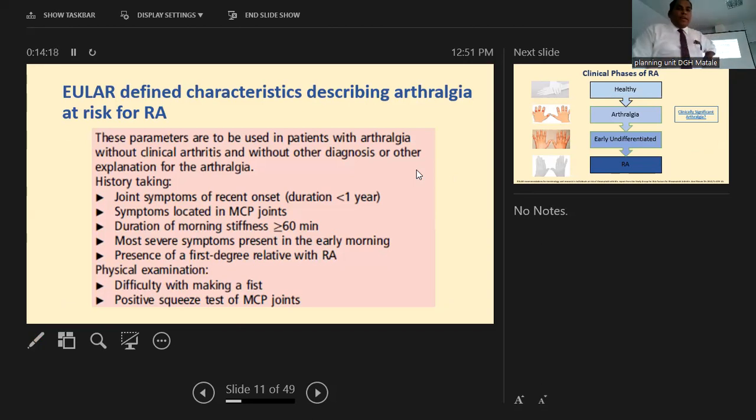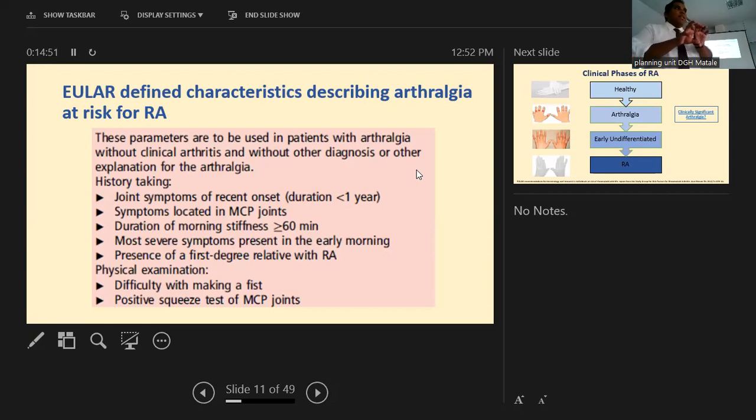So in the history, if a patient comes with arthralgia of a short duration, particularly affecting the MCP joints, metacarpophalangeal joints, with the duration of stiffness more than 60 minutes, as I mentioned, with the inflammatory component, having the symptoms early in the morning, and there's a family history of rheumatoid arthritis, those people are at high risk of progressing into RA.